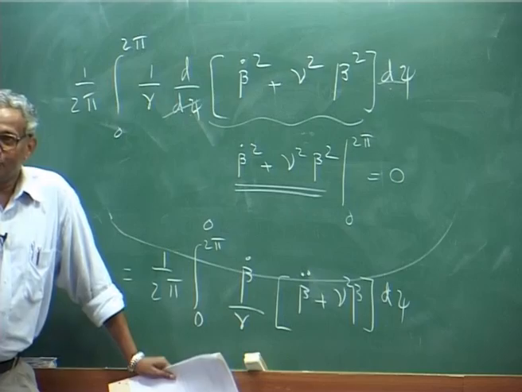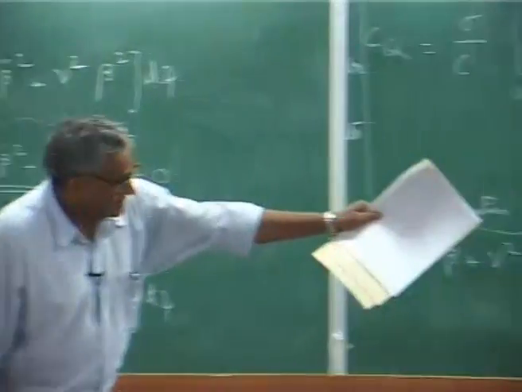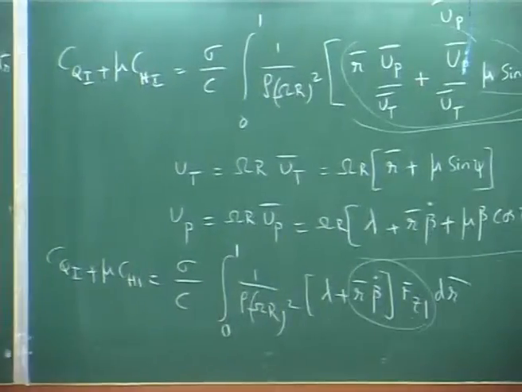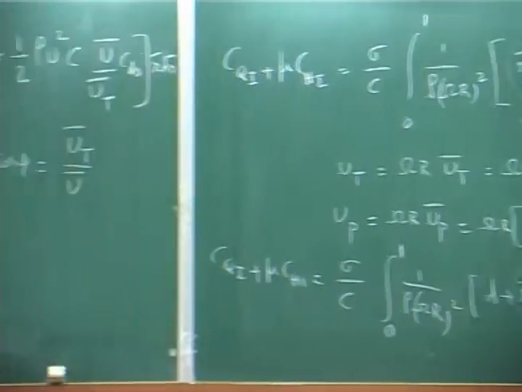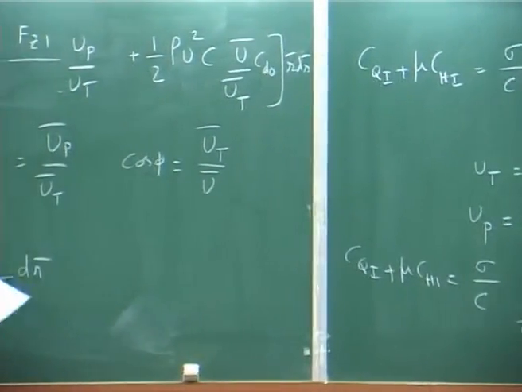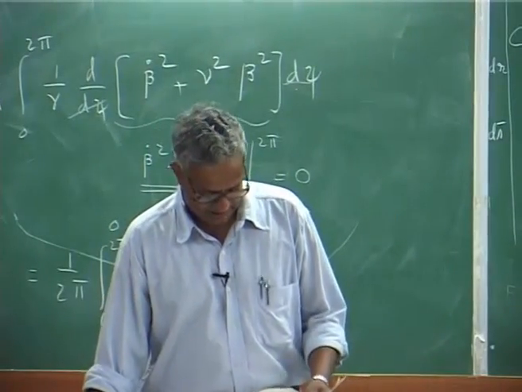So it is essentially the work done by that term, r bar beta dot, which is identically 0. Therefore, your CQI plus mu CH will become a very neat simple expression.